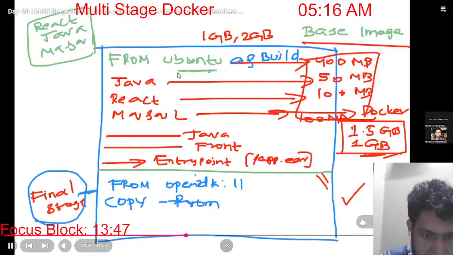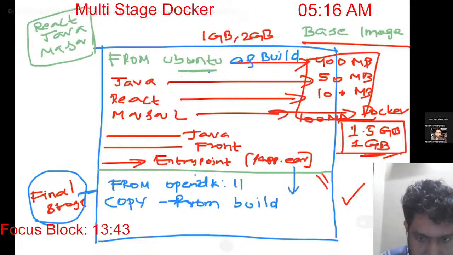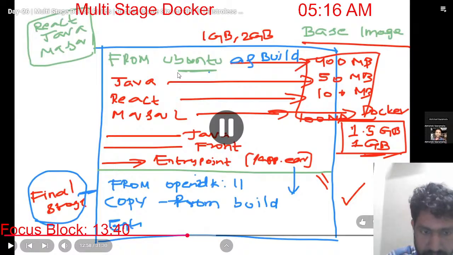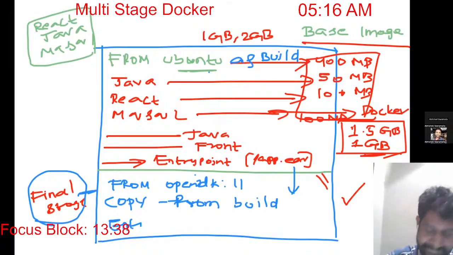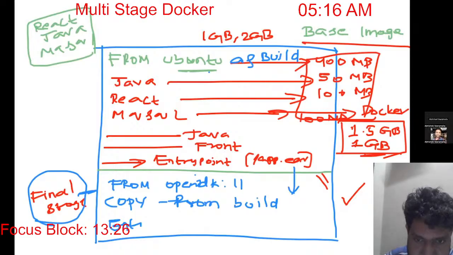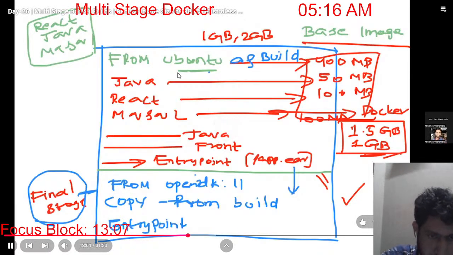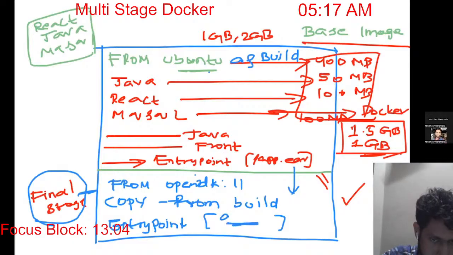Then you say from build, you copy this specific EAR file from the base image, and finally as part of the entry point or CMD, you will just execute this specific app.ear.